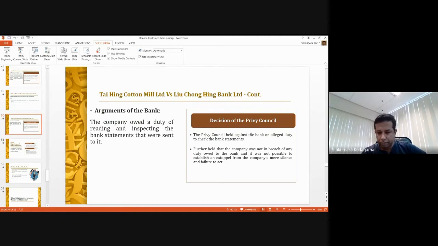I'll take the last slide here. Privy Council decision: the Privy Council held against the bank on the alleged duty to check the bank statements. The bank argued that the customer has a duty to read the statements. Privy Council held no.